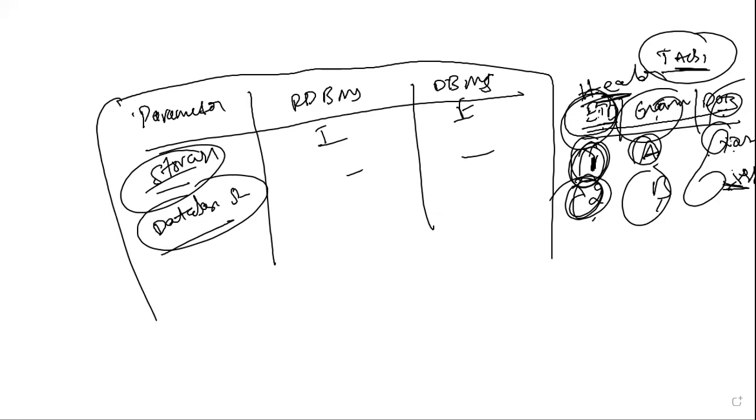Let's take an SBI server as an example. Tejashwi has an SBI account, Sai has an SBI account, and I have an SBI account. So we are three people using SBI at the same time. Understanding? Yes. So it has good concurrency.